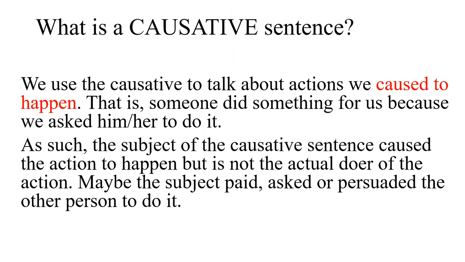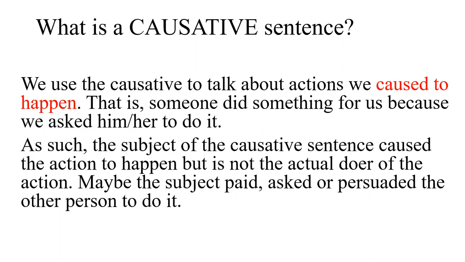If you remember, at the beginning of the year, we discussed different types of sentences. And we said that we can categorize sentences in different ways. One way was to look at the subject. We have the active sentence that has an active subject, which is the doer.